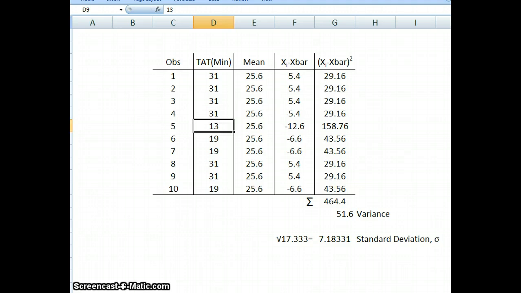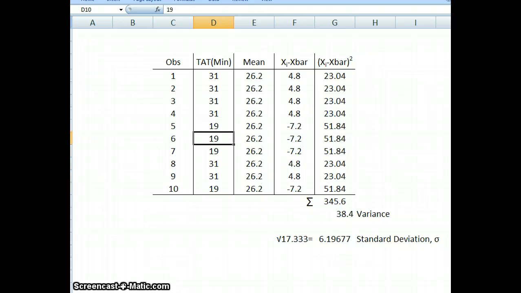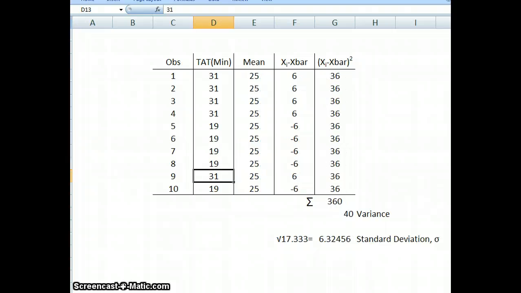Okay, so here, now we've got a much more variable process that either is 19 or 31 and has the same mean, but look at this, its variance is 40 and its standard deviation is now all the way up to 6. So we can see now the usefulness of the standard deviation.